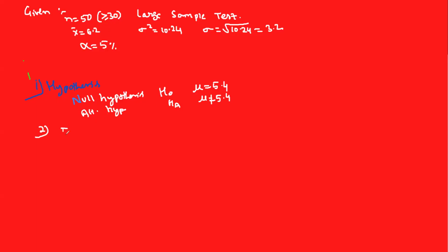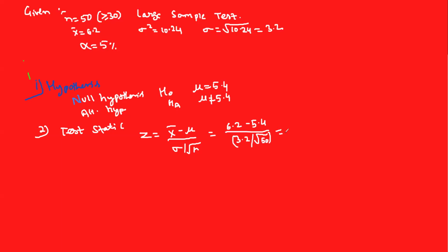Second step is testing. So x bar minus mu, x bar is 6.2, mu is 5.4, and sigma is 3.2 upon root 50. So first we calculate this.